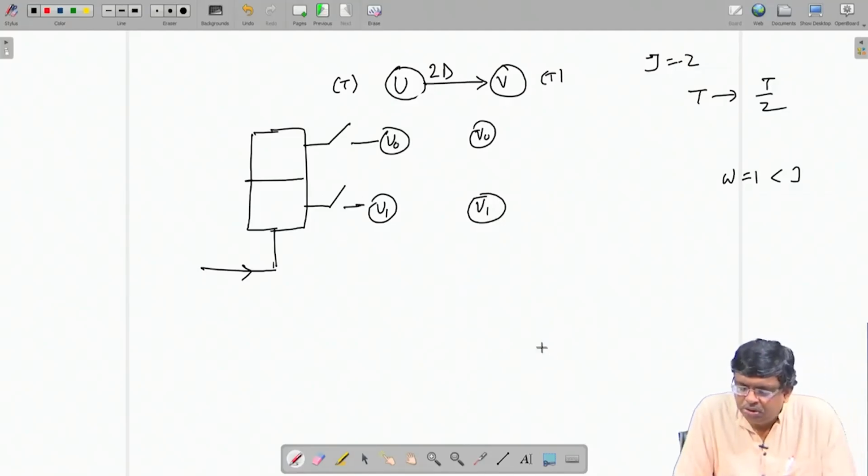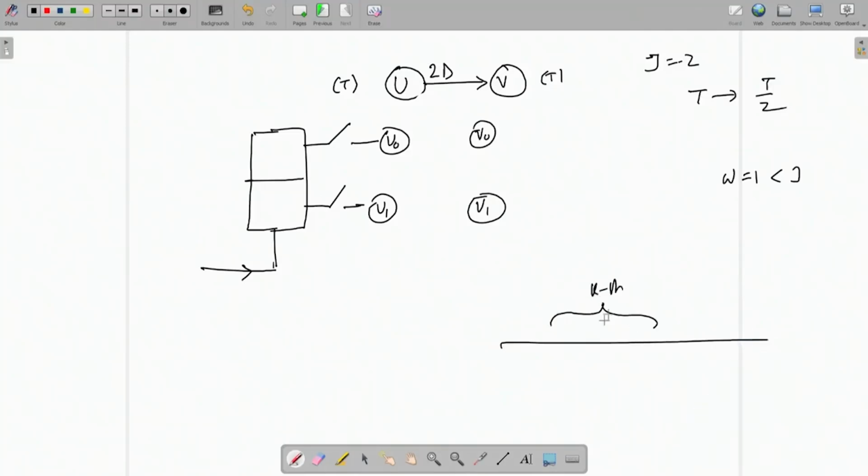Now you see, if I go back to that timing diagram, suppose the kth, I am here and here, only 2 points, kj plus 0, kj plus 1.